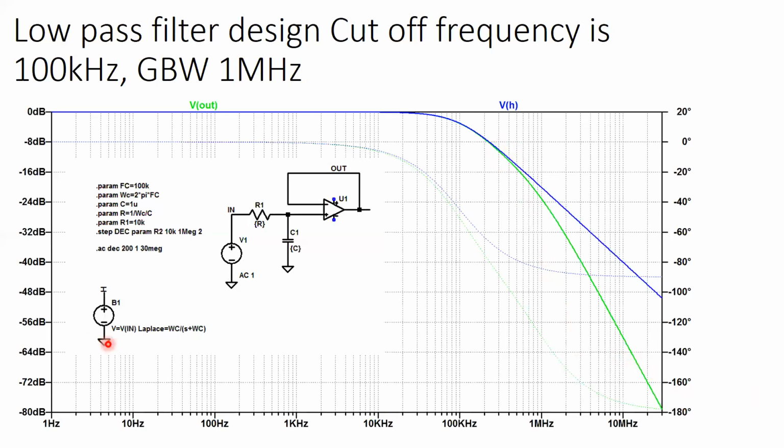Which omega? This one? Yeah. Well, as it turns out, the cutoff frequency was 100 kilohertz, so this is our 3 dB point. This is our minus 45 degree phase for the ideal transfer, and it should be minus 90 degree phase for our second order system.